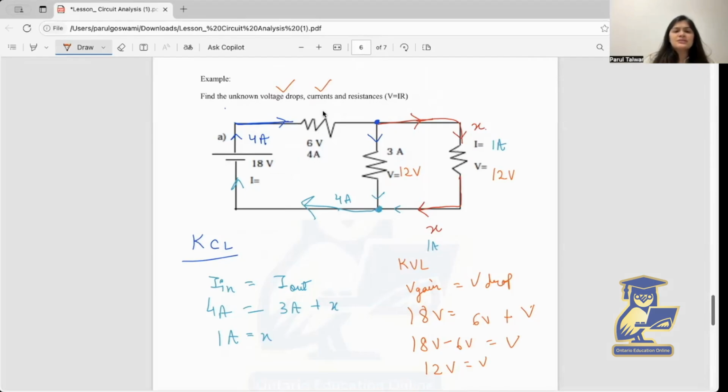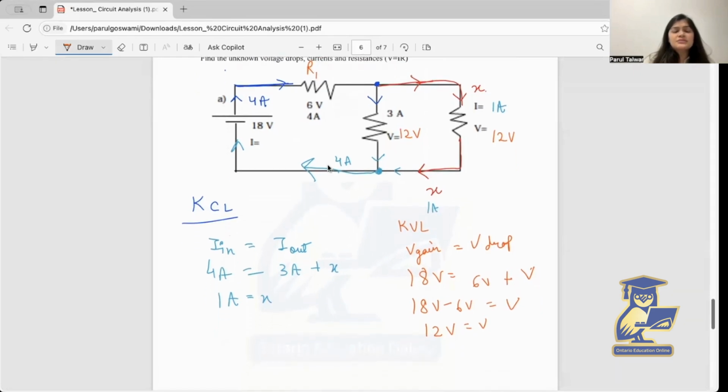Let's mark this as R1. This is the first resistor. So we can apply Ohm's law now to determine the resistance. Across this resistance R1, we can use Ohm's law, which is V equals I R1. We know the voltage across resistor 1 is 6 volt.